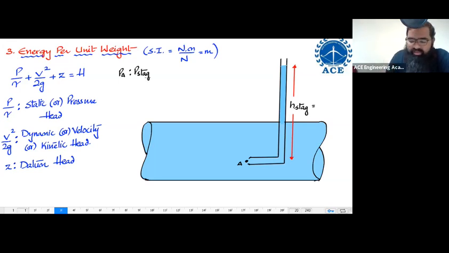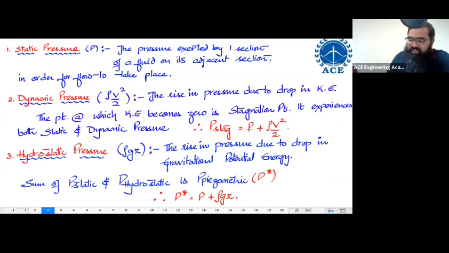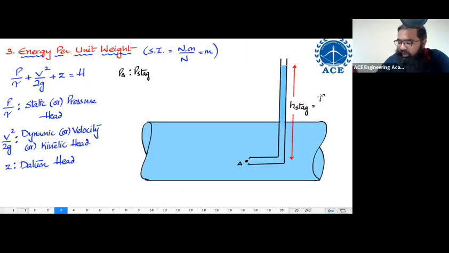So P stagnation by gamma. Recall, P stagnation was P plus rho V square by 2. If I divide this entire thing by gamma, I'm going to get over here P by gamma plus V square by 2G.